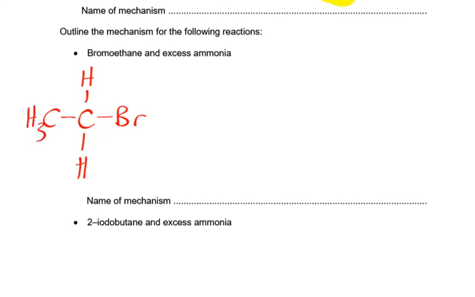So there's our bromoethane. Let's bring in the ammonia. See if you can put the curly arrows on here. So again, nucleophile attacking the electron deficient carbon, kicking the bromine out. What will that give us?